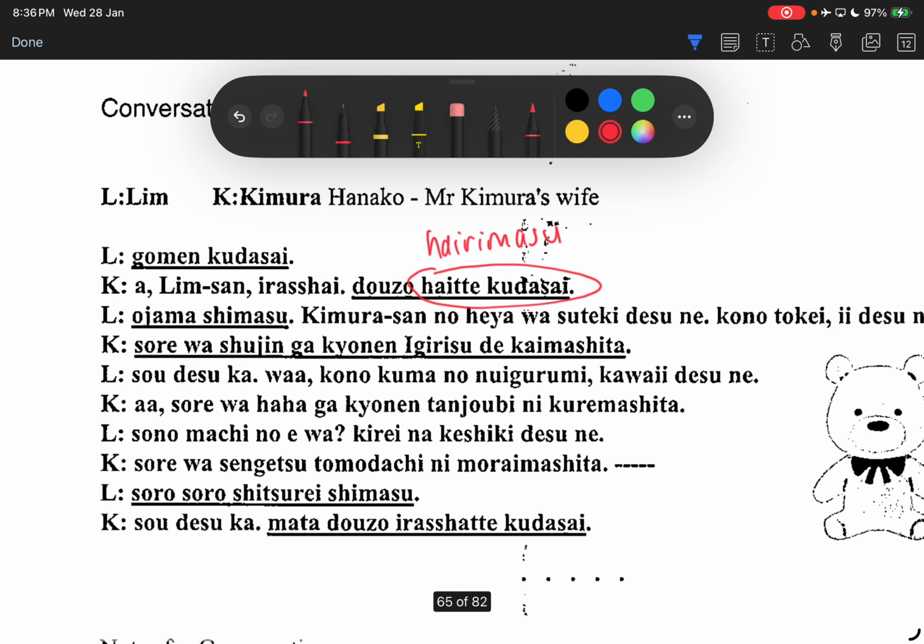Okay, then L replies, Ojama shimasu. Think of it like benkyou shimasu, we have a shimasu at the back. So this shimasu simply means it's a verb. Then what's the front? The front, ojama, simply means to intrude, to disturb. So ojama plus shimasu becomes sorry to disturb, sorry to obstruct, sorry to annoy or intrude.